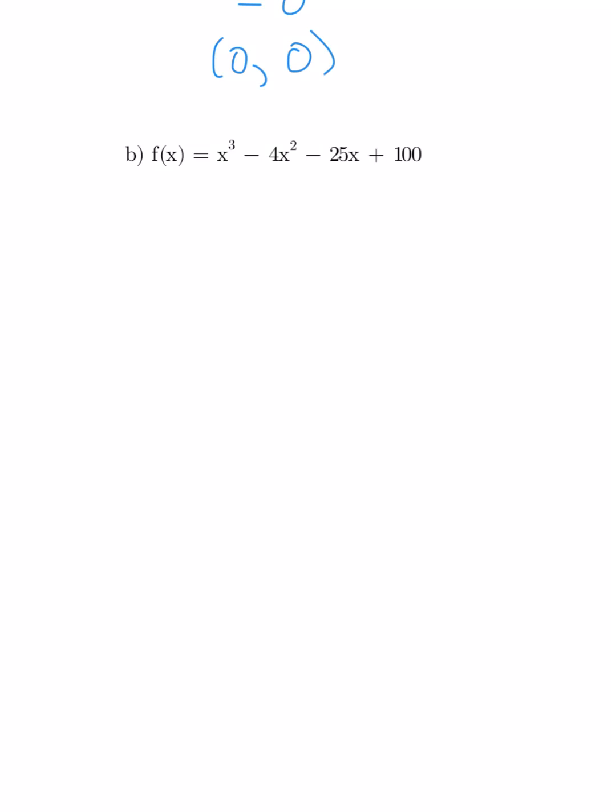On this function, we have f of x equals x cubed minus 4x squared minus 25x plus 100. And to find the x-intercepts, we want to set the whole equation equal to 0. So something that's going to help us is going back a little ways. We haven't done this for a while, and recognizing we have 4 terms, we're going to split that in half.